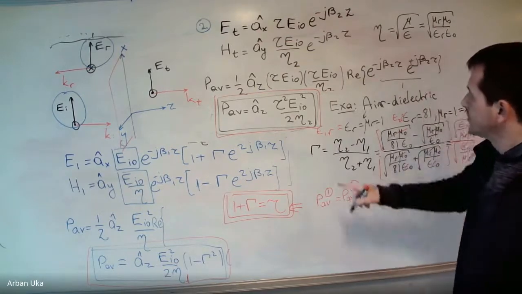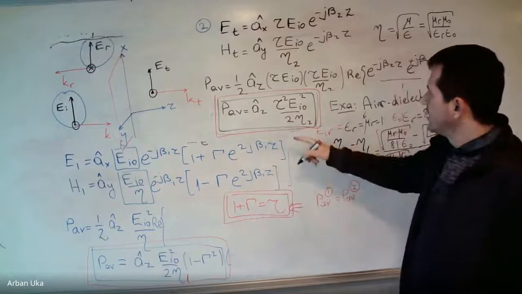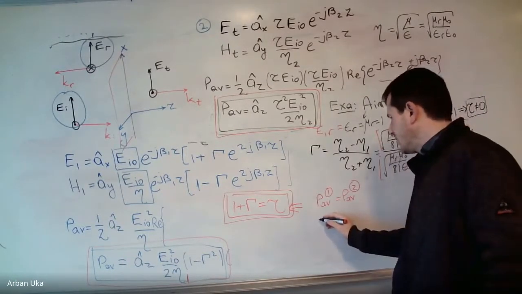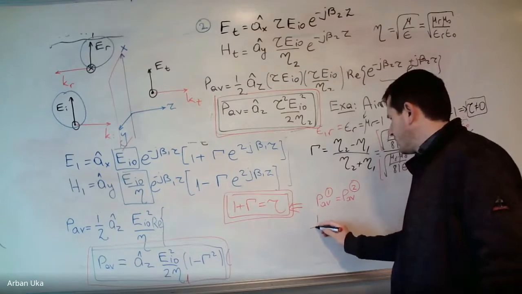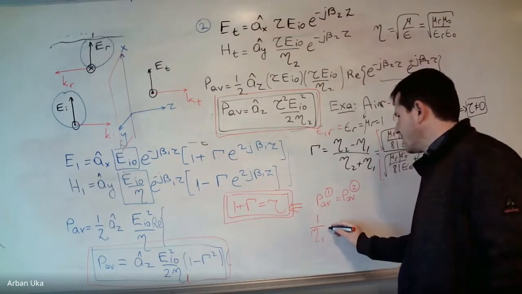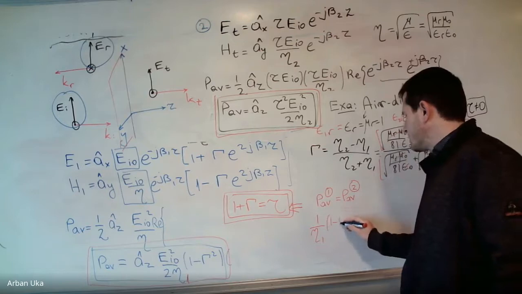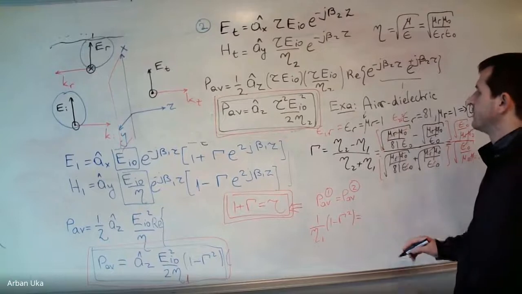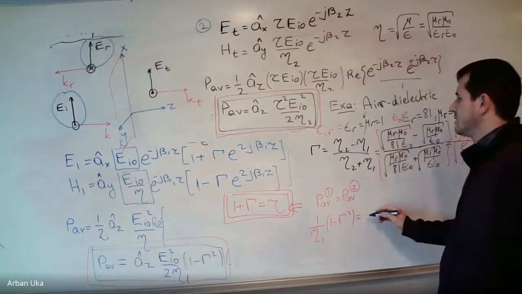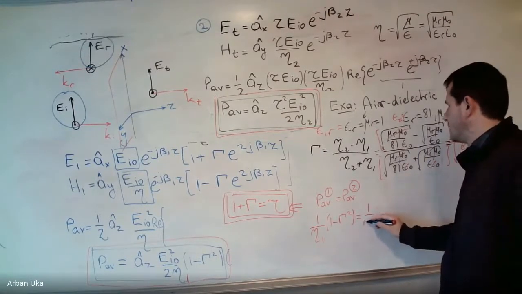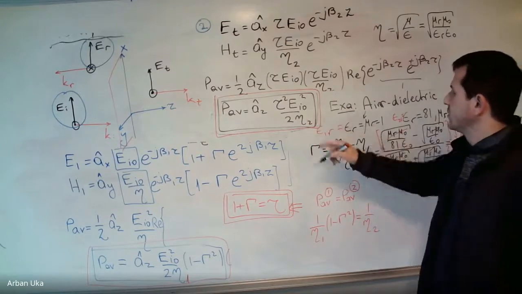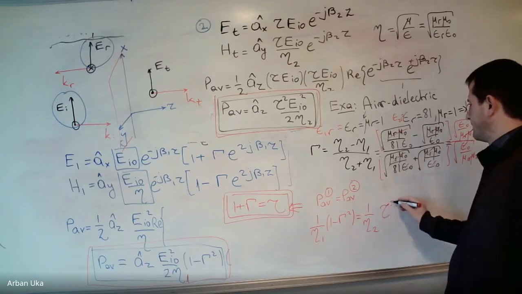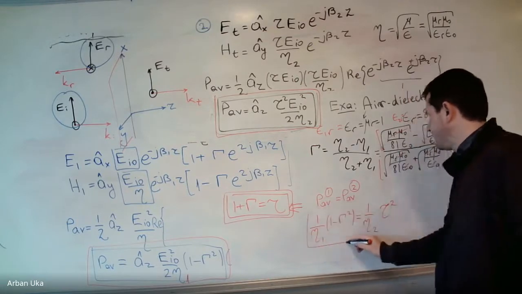So this should be true, which means that this is equal to this. Then we have the following. Let's write this one first. We have 1 over eta 1 times 1 minus the reflection coefficient squared. This should be equal to 1 over eta 2 times tau squared.